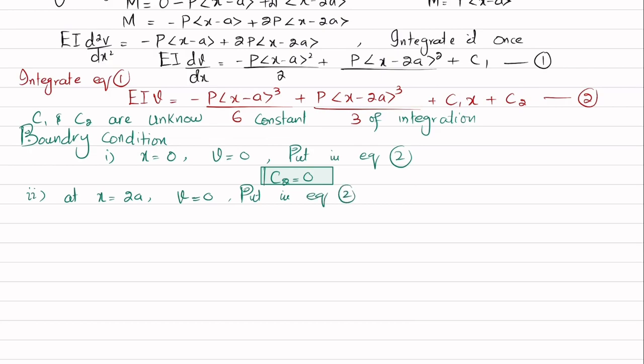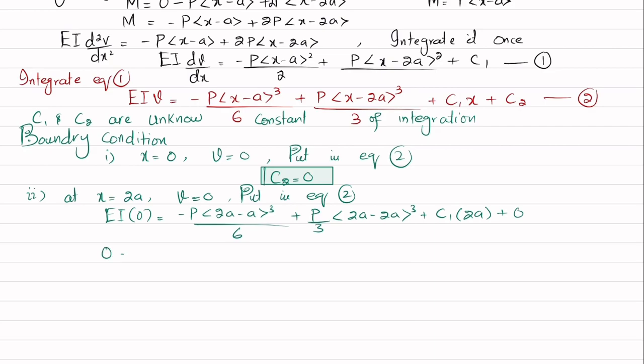EI into v is equal to 0, so EI into 0 is equal to minus P into (2a minus a)³ divided by 6, plus P into (2a minus 2a)³, plus C1 into 2a plus C2 is equal to 0.